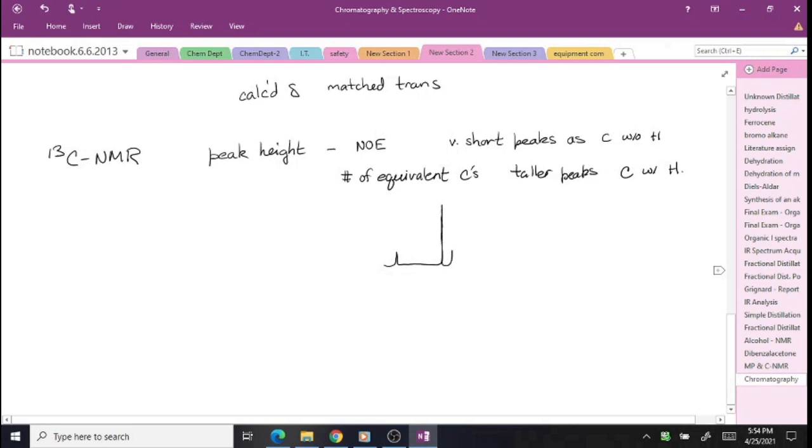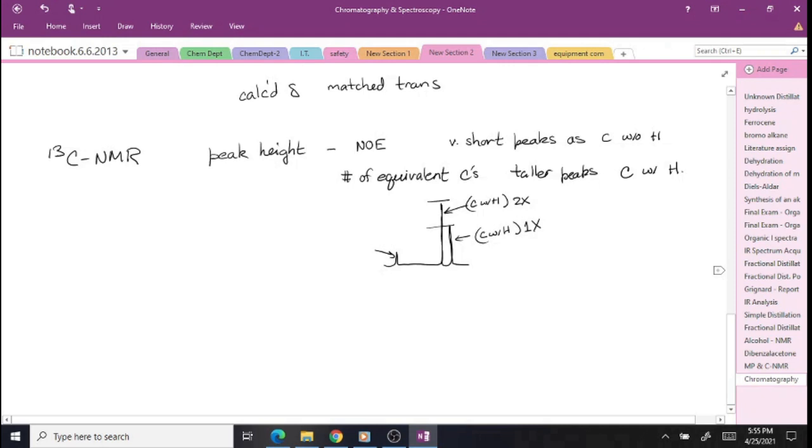So for example, if we had a carbon spectrum, we have a very short peak, and then we have a couple of taller peaks where one peak is roughly twice the size of the other. This would mean that this is a carbon with hydrogen, but there are two times as many as for this one. So we have this ratio.